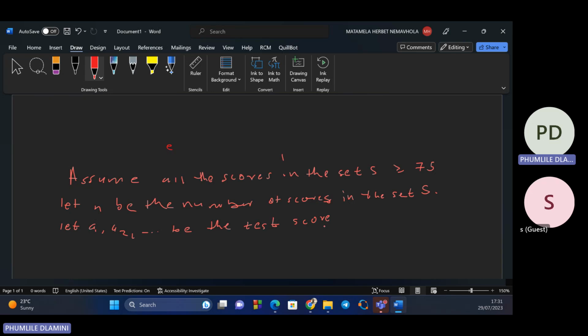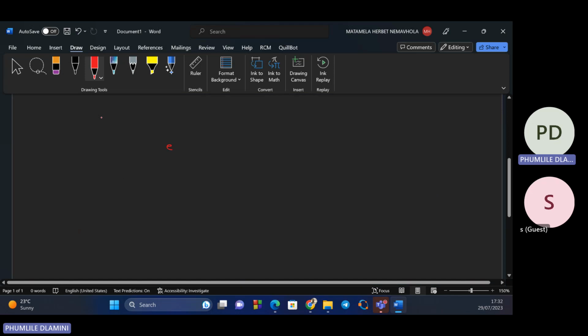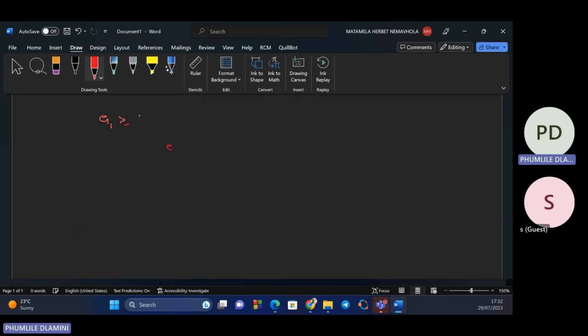So now, every number that we have written, A1 is going to be greater than or equal to 75. A2 is going to be greater than or equal to 75. And so on until AN, which is going to be greater than or equal to 75.